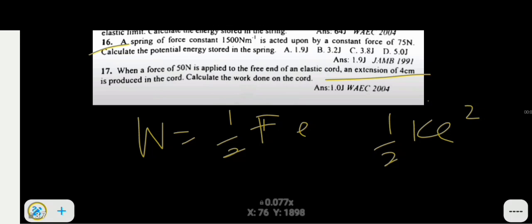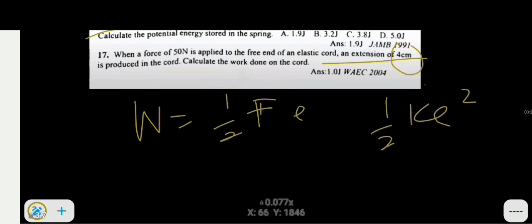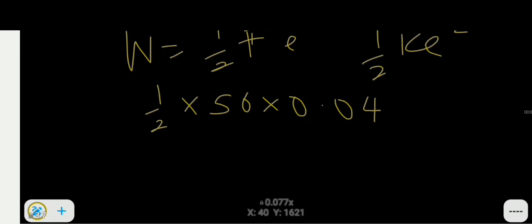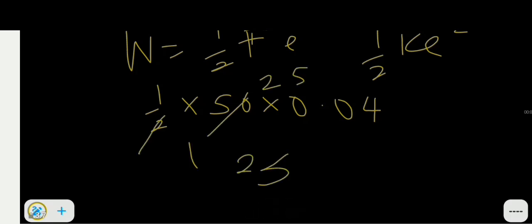The extension in the question is 4 cm. Let's convert it to meters, so we divide 4 cm by 100. That will give you 0.04. Our force already is 50. So that will give you half times 50 times 0.04. Two into 50 is 25, so you have 25 times 0.04.